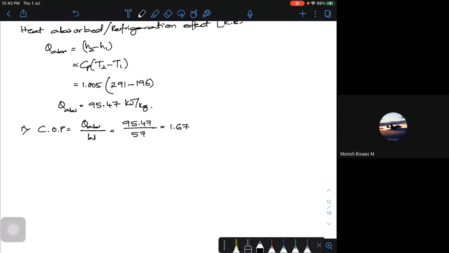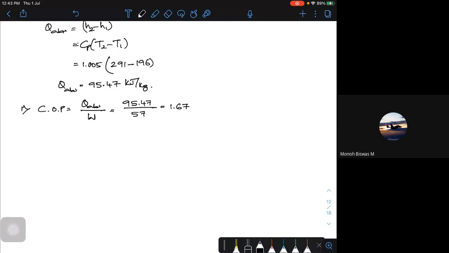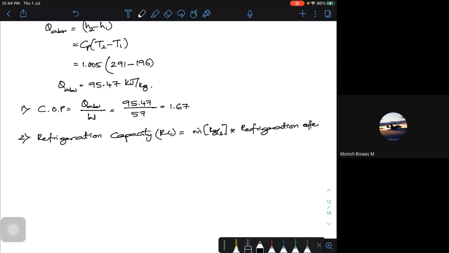Now, next thing is I need to find the mass flow rate. To find the mass flow rate, this is the formula. The refrigeration capacity, which is RC, is equal to mass flow rate in kg per second multiplied by heat absorbed or refrigeration effect, which is RE.